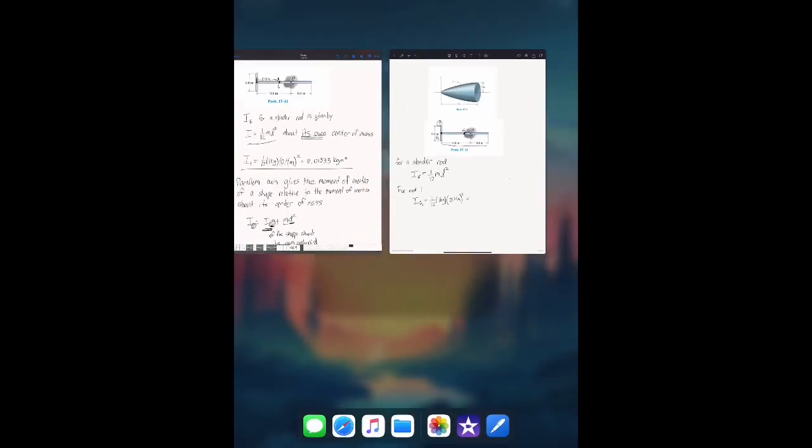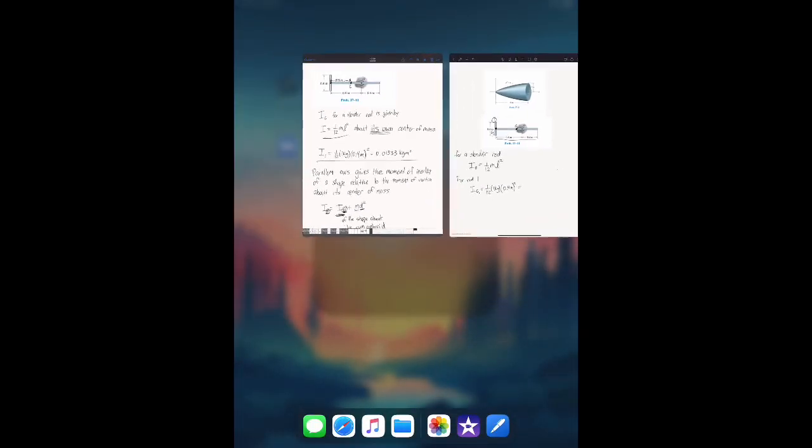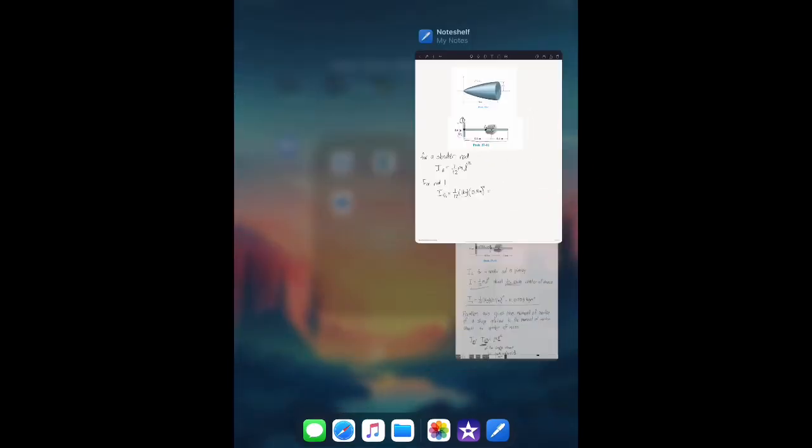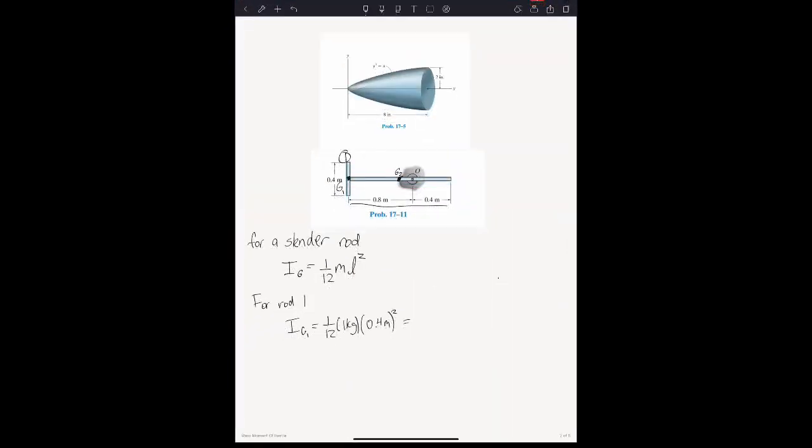Let's just take a moment while I search for one. All right, I'm back, and I have a calculator now. I'm just going to plug this quantity into my calculator. This is 0.0133. I guess I'll stop there. This is kilogram meters squared.